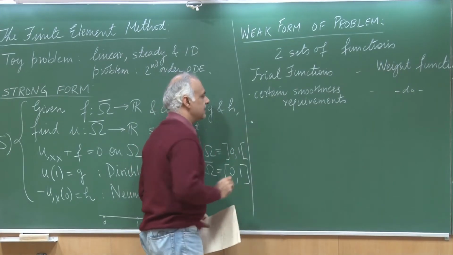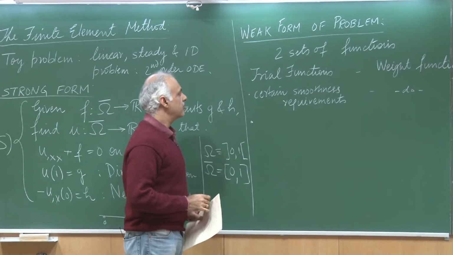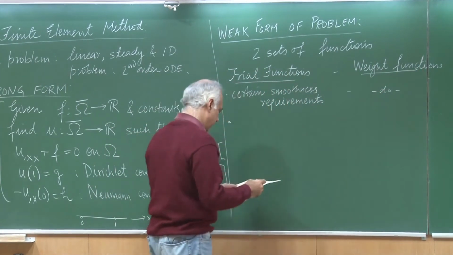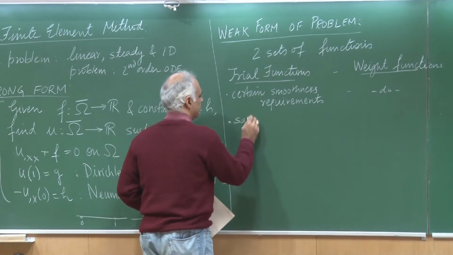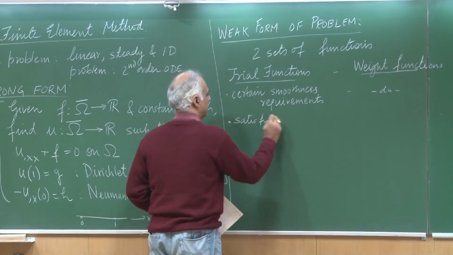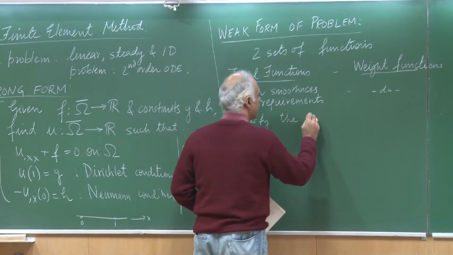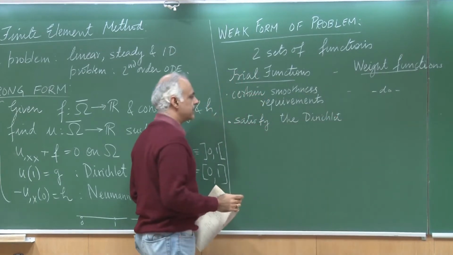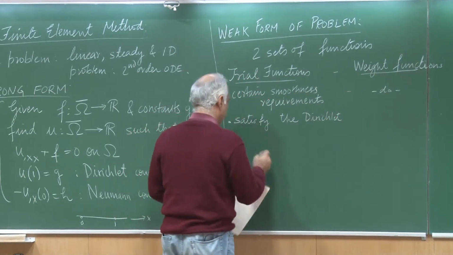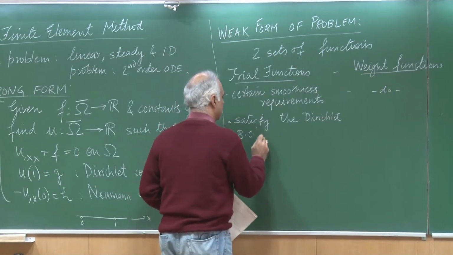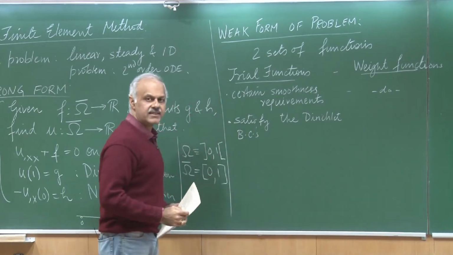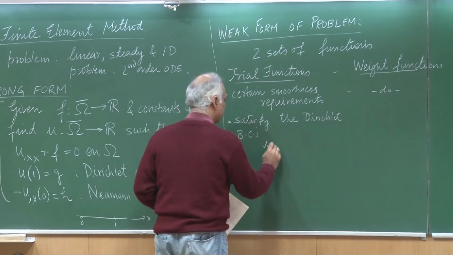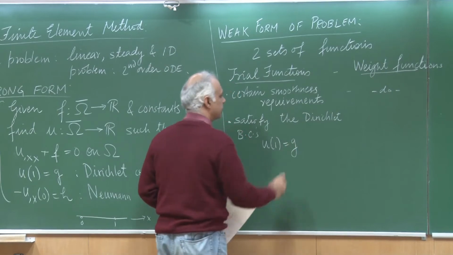The other is the boundary conditions. As far as the trial functions are concerned, they satisfy, normally, at least for this special case of problem that we are considering, the Dirichlet boundary condition. And in this case, there is only one Dirichlet boundary condition, and that would be u(1) equal to g.